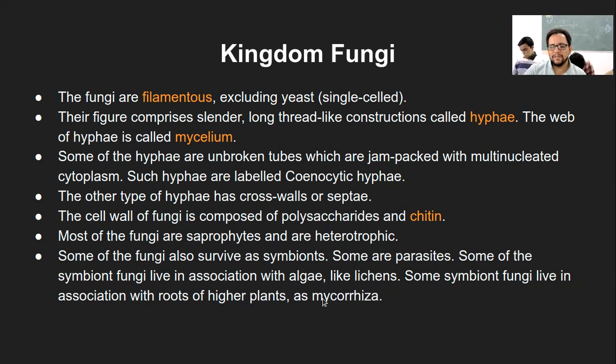Myco stands for fungus, and this whole category of kingdom fungi is also called mycota. Rhiza is because it is connected to the roots. So mycorrhiza are the type of fungi which live in symbiosis with the roots of the plants. Lichen is a combination of fungi plus algae. Mycorrhiza is fungi in association with the roots of the plant.